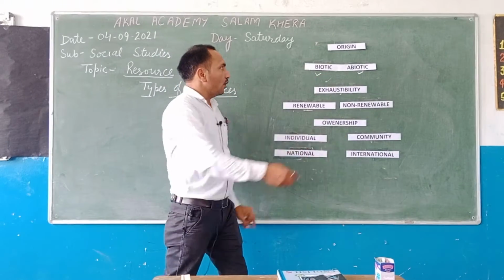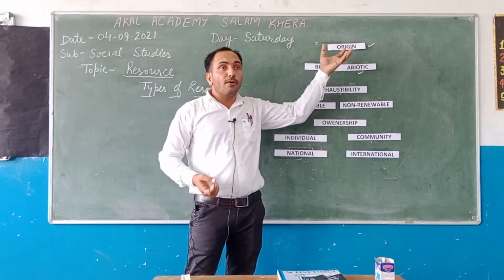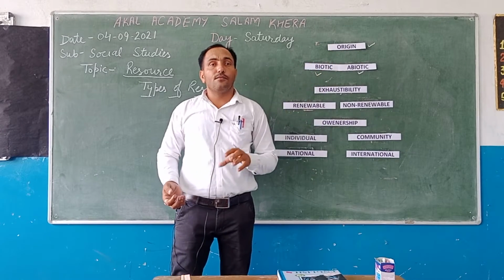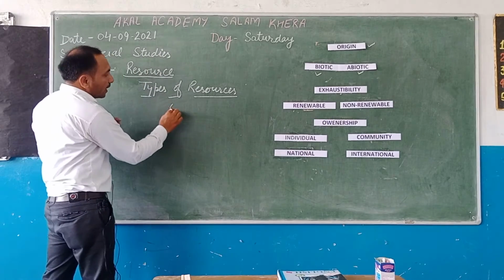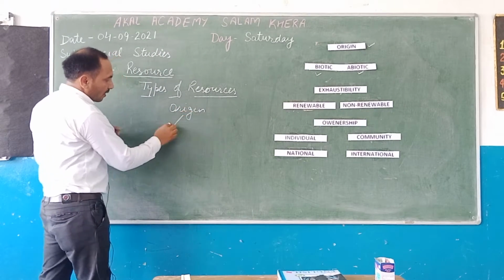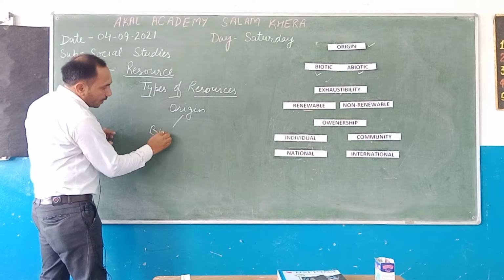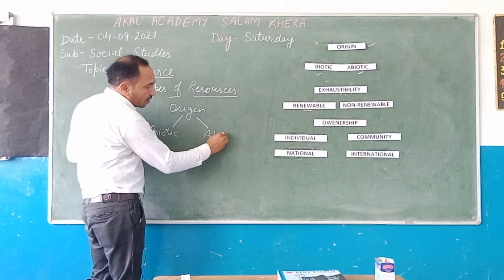First, we will discuss the basis of origin. Origin means from where they generate, from where they come. On the basis of that, we divide the resource into two categories. One is biotic and second is abiotic.